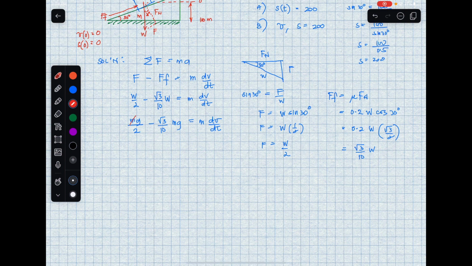Again, m is irrelevant. We can combine the two over 10, so 10 divided by 2 is 5, so I have 5g minus square root of 3 g, equals dv over dt.